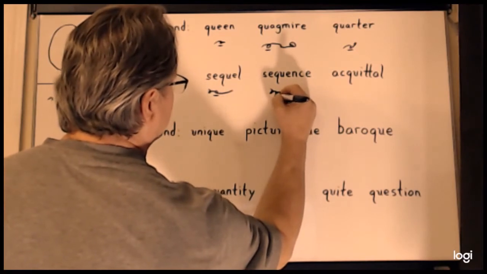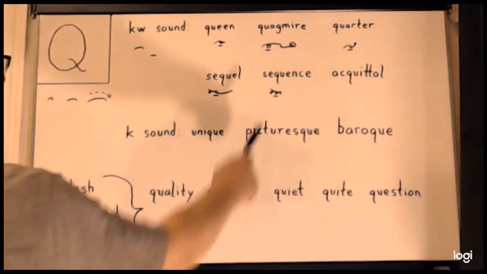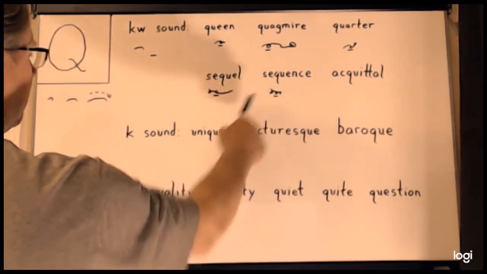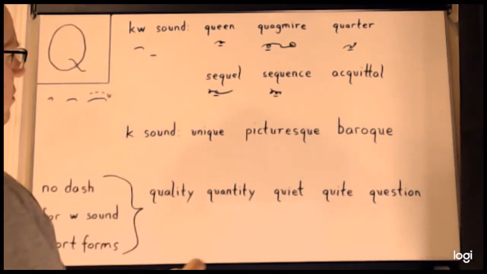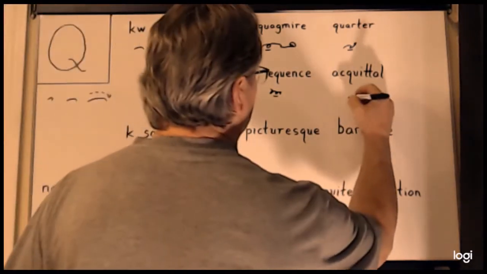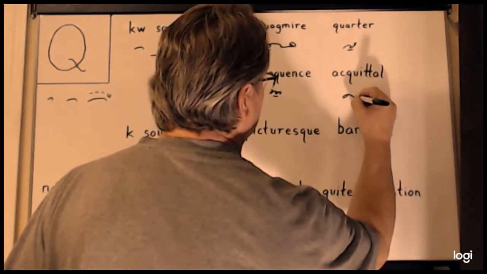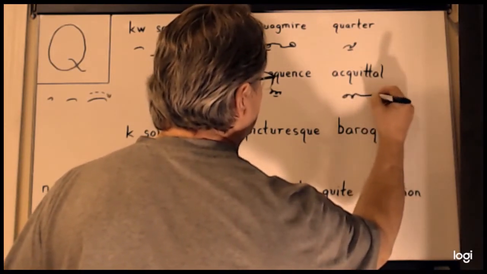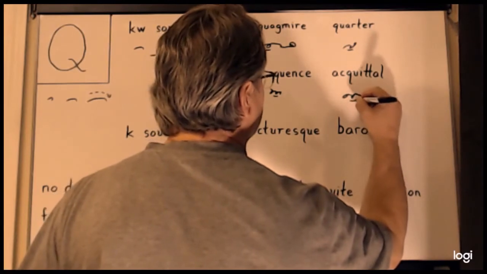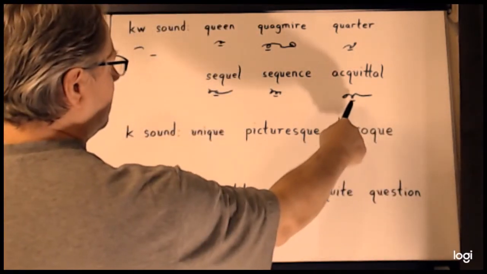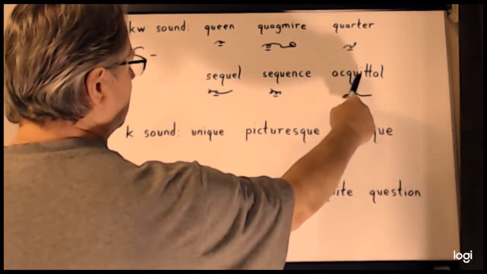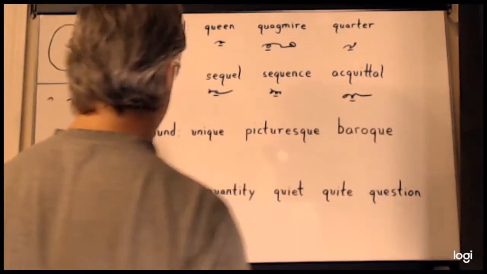Then of course the dash underneath the vowel for sequence. Then the word acquittal will be A-K-I-T-L, and then of course the dash representing the W sound in acquittal.